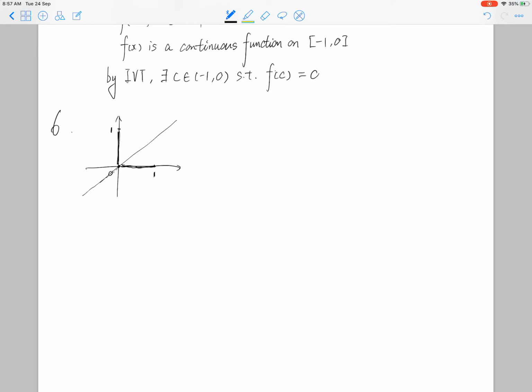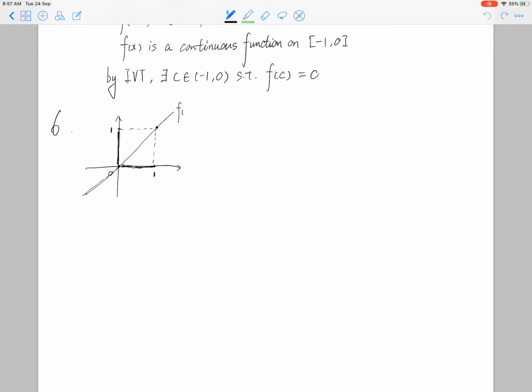It's this 45-degree line, right? So no matter how you draw the function, this function will be in the box. This function f(c) equals c is f(x) equals x.